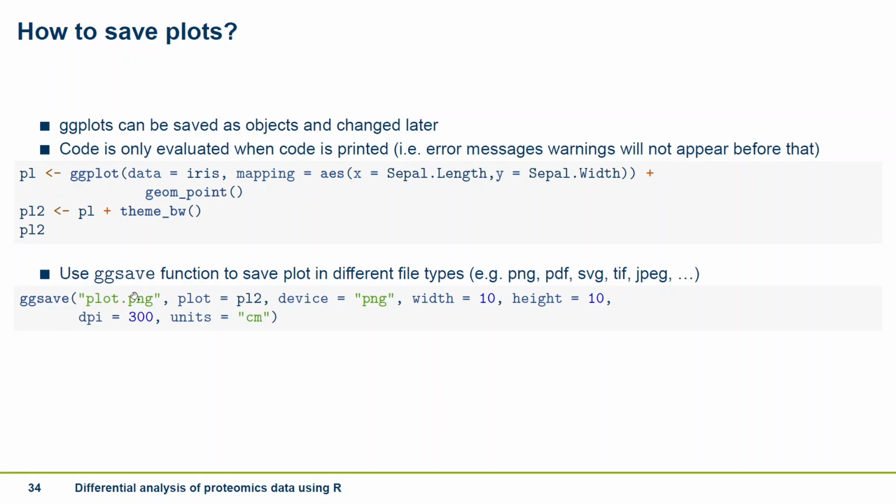So you just define the file name, which plot you want to save, for example, here in this case, the PL2 object, which device, so which type of file, the width and height of the plot, and then you can find here, for example, which units to use. In this case here it's centimeters, and you can also define a resolution in dpi.